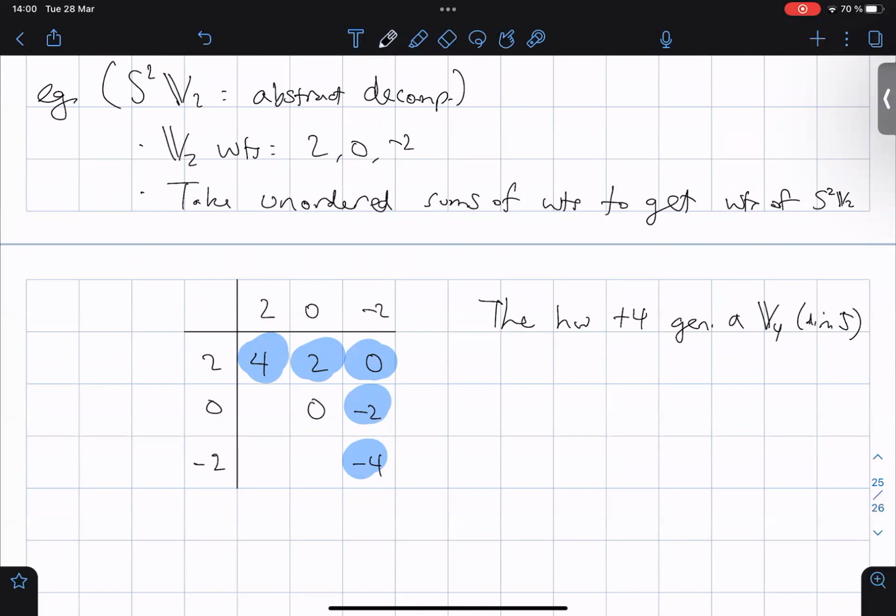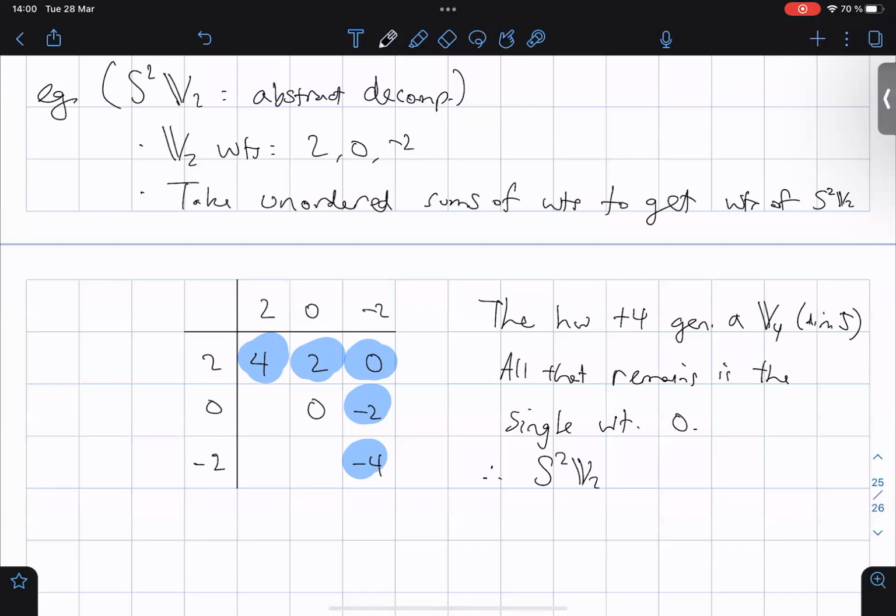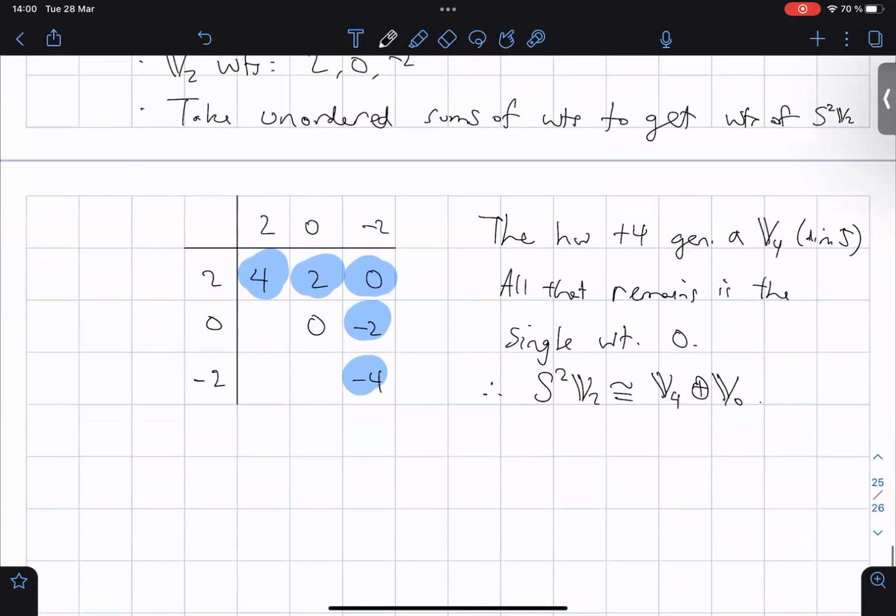All that remains is a single weight 0. Therefore S2V2 is isomorphic to a copy of V4 and a V0. So that's our abstract decomposition.